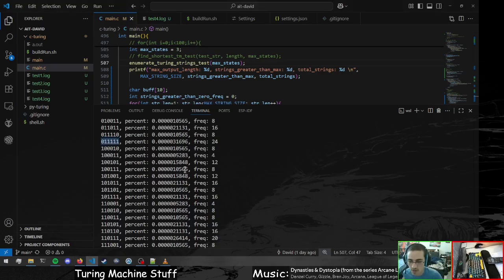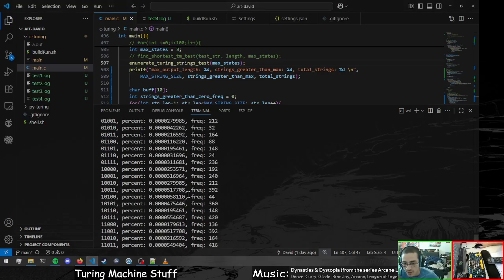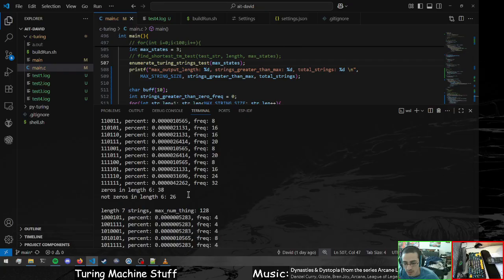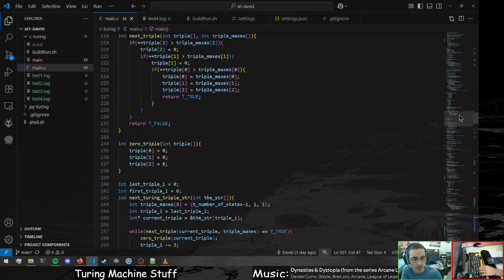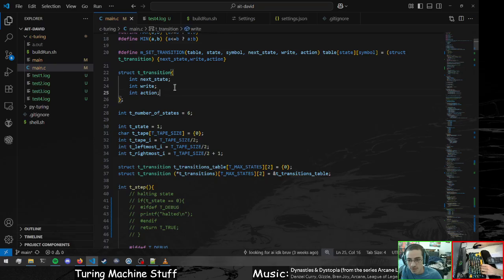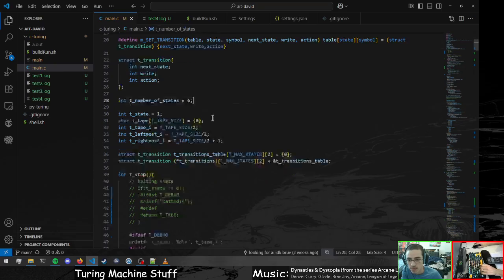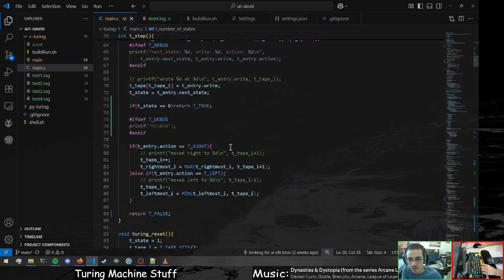Oh my goodness. All right. What I think I have to do is look very closely at my Turing machine code, because this is probably wrong. There's something probably happening here.